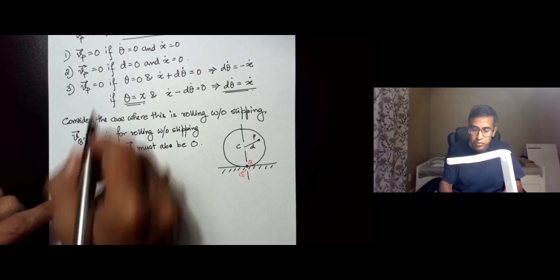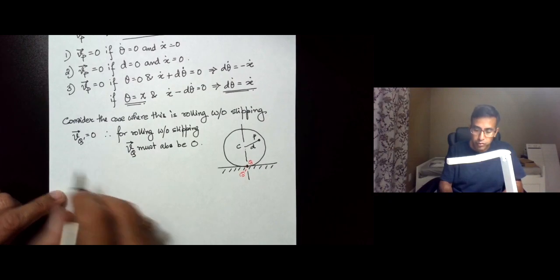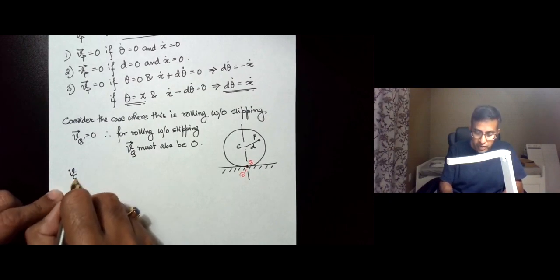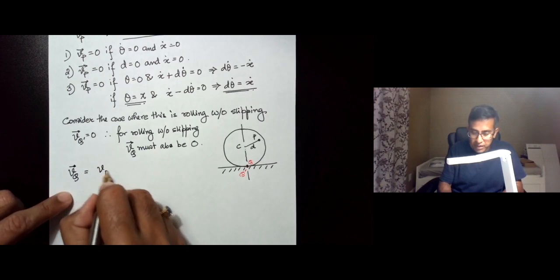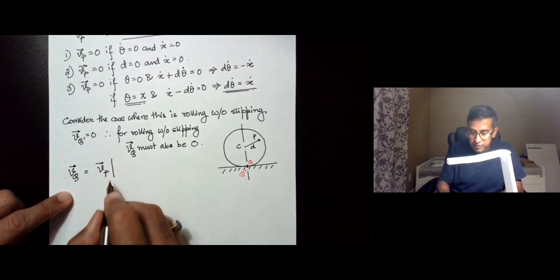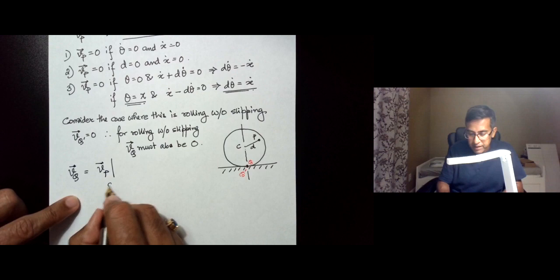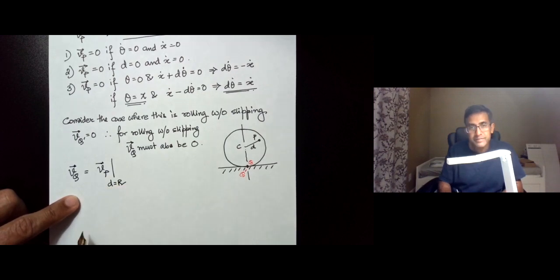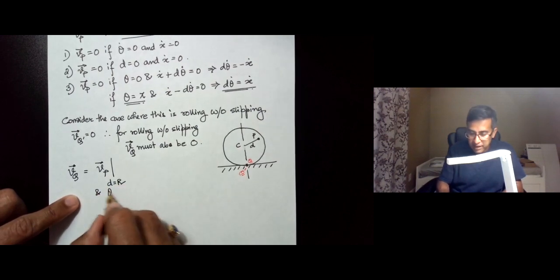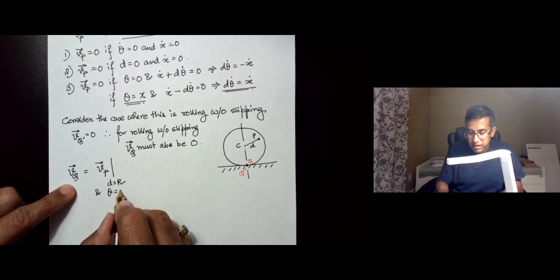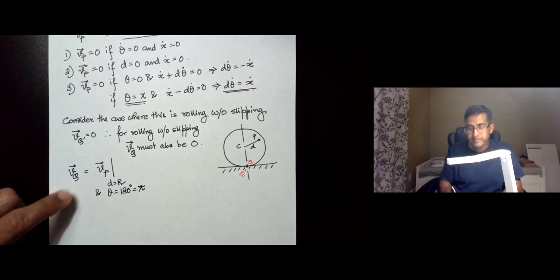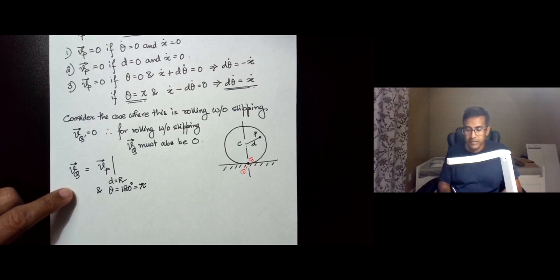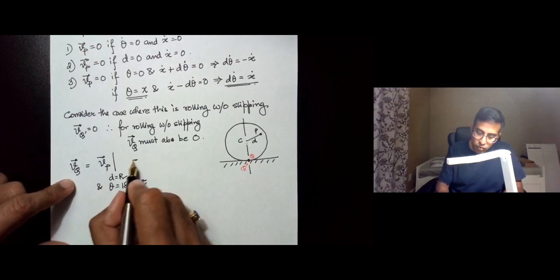Now what is VQ according to our formula, according to what we have derived here? So VQ is going to be VP, but substitute d equals capital R and theta equals 180 degrees, which is pi. Right? So what is VP?